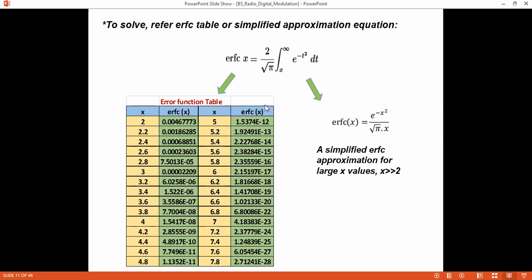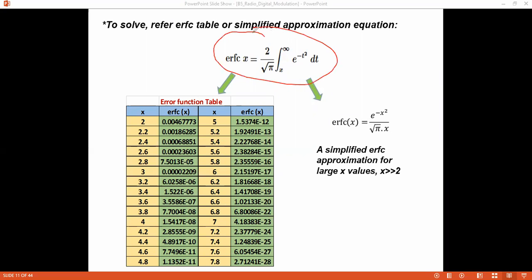I shared with you an appendix with the error function table. The error function can be solved by referring to the error function table or by using a simplified approximation equation. This is the error function equation.